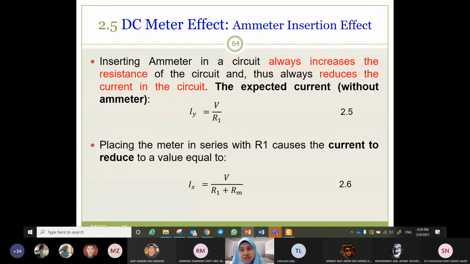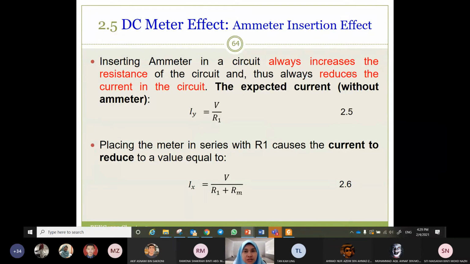Ammeter insertion effect. Actually, this is the effect of ammeter, the same as voltmeter loading effects. So this is the ammeter loading effect. In our note, the term is ammeter insertion effect, the same. We know that if you want to measure voltage, we put the voltmeter parallel to the component, parallel to the resistor. If you want to measure current through the circuit, we put the ammeter in series with the circuit.